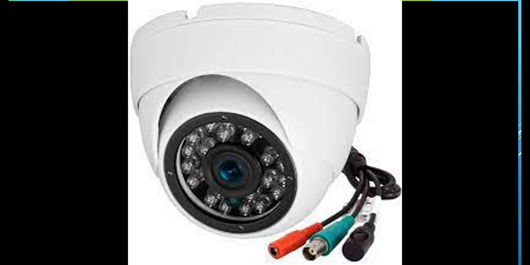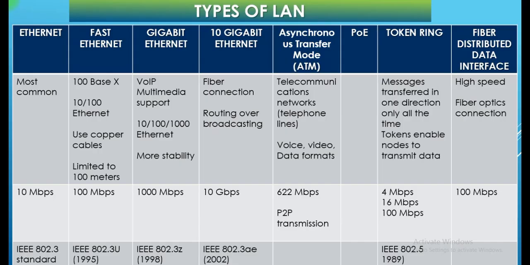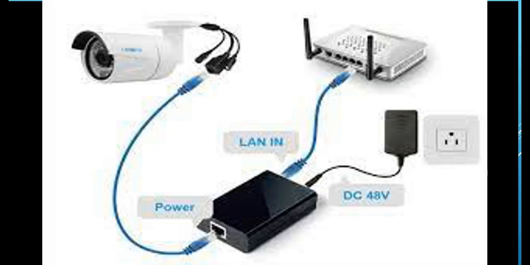Now with PoE, we now have our current network cameras, which are digital, and they are powered differently. So what happens now is that the same Ethernet cable that is connected to the surveillance camera, which transports the data, a couple of the copper wires in the Ethernet cable are used to supply current to the camera.